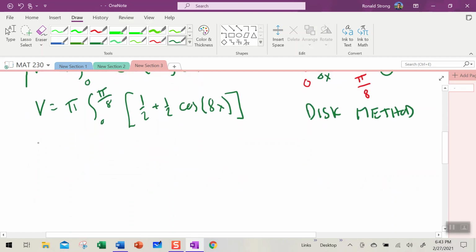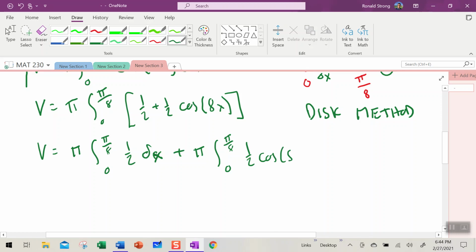I'm going to break this into the volume equals pi times the integral from 0 to pi over 8 of 1/2 dx, plus pi times the integral from 0 to pi over 8 of 1/2 cosine of 8x dx.